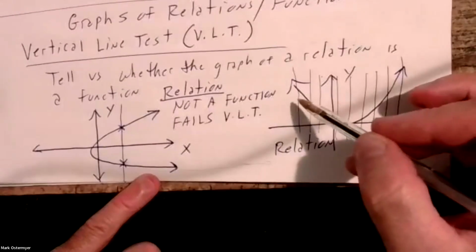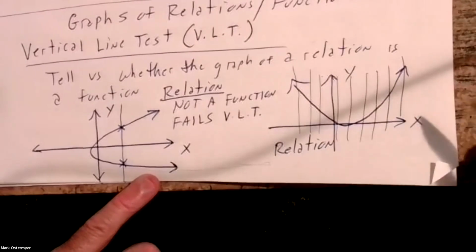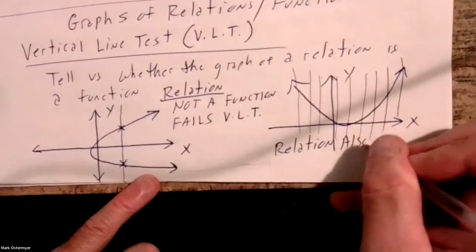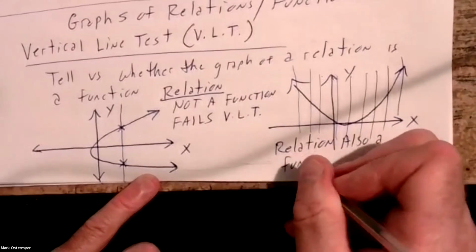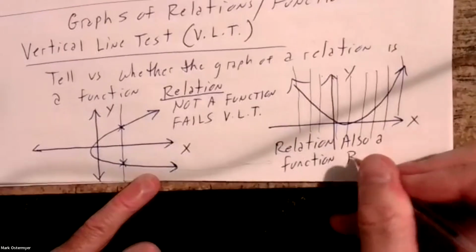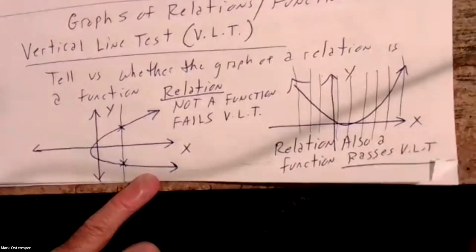And because a vertical line placed anywhere in the XY plane touches this graph at most one point, this is also a function. We say the graph passes the vertical line test.